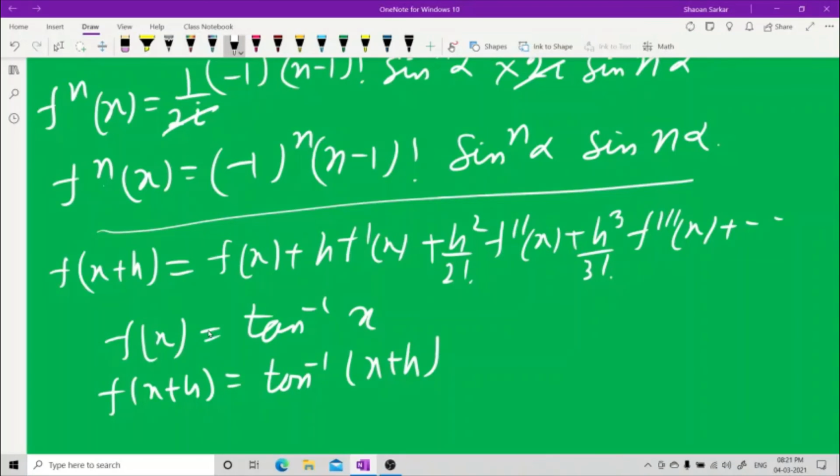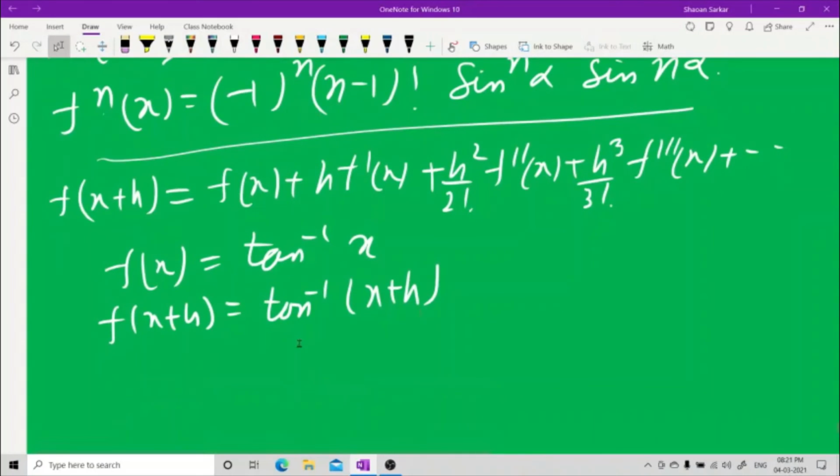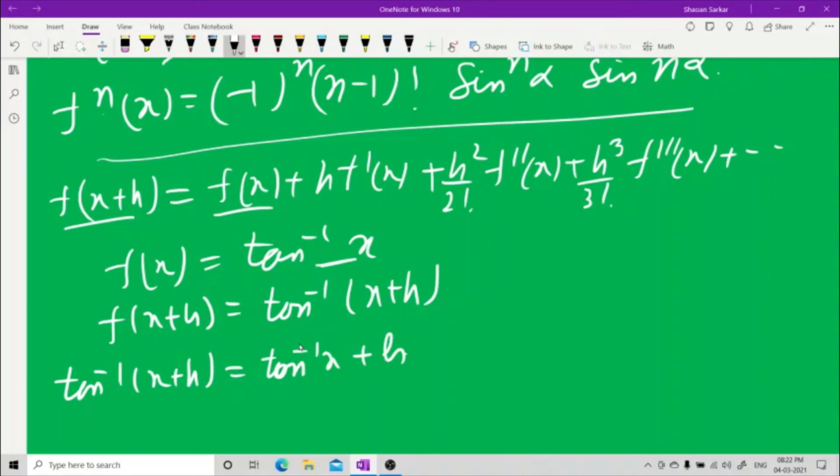Now we will do the complete thing. Now f(x+h), you write tan inverse of x plus h. Then you have f(x), that is nothing but tan inverse x, plus h f dash x with n equal to 1. Here n equal to 1, so this will become h, n equal to 1. So minus 1 to the power 0, 0 factorial is 1, sin alpha, no problem.